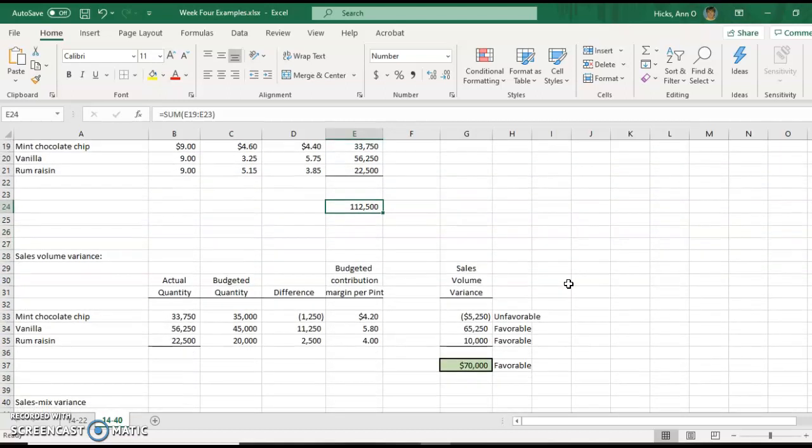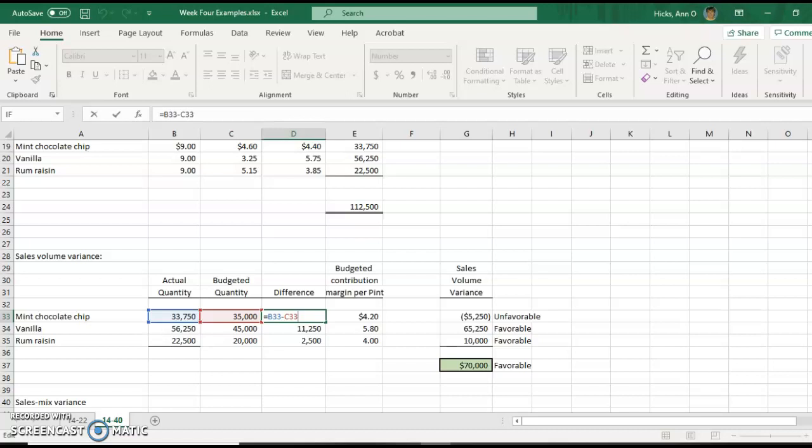So what we're going to do first is look at that sales volume variance, the impact on our operating income of selling a different volume than we had originally budgeted. So what you've got here for each of the different flavors of ice cream are the actual quantity we sold, that just pulled from above, and in column C, the budgeted quantity we sold, and then the difference, which is literally one minus the other.